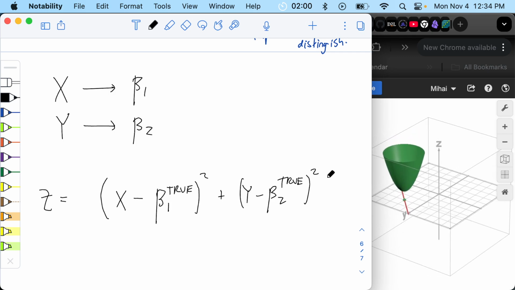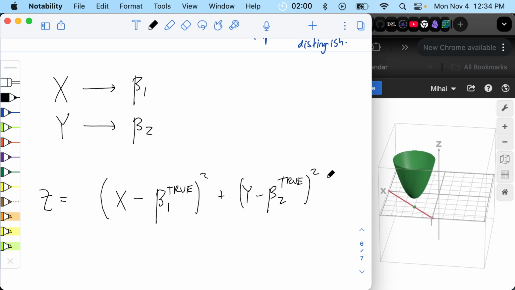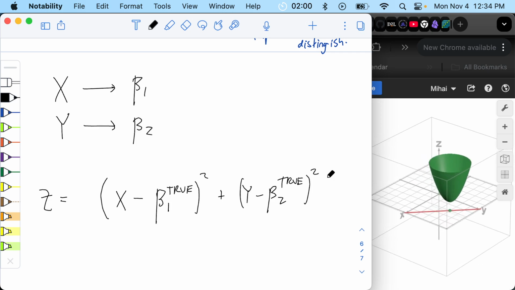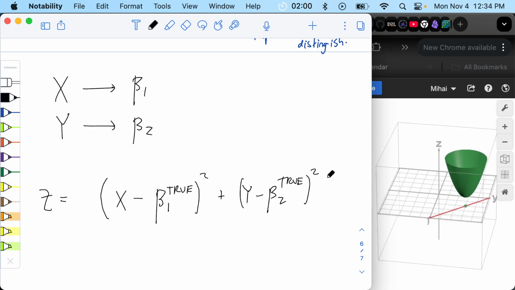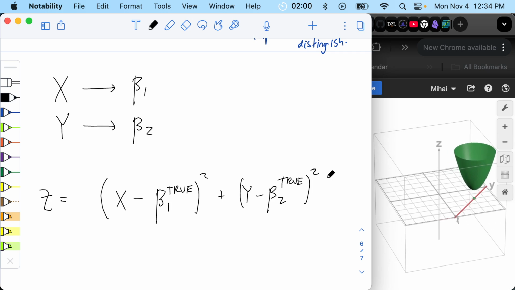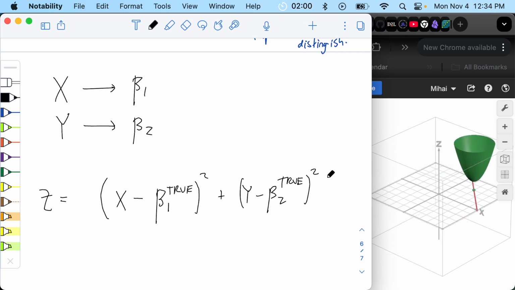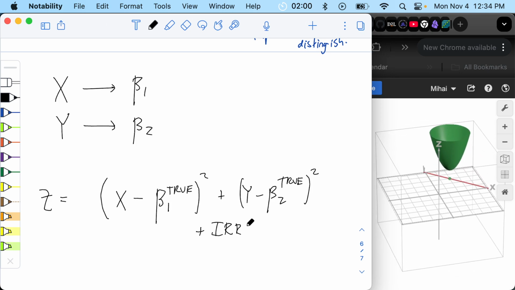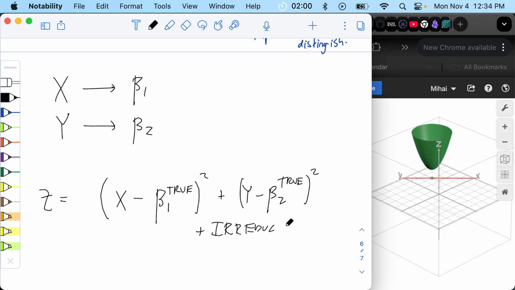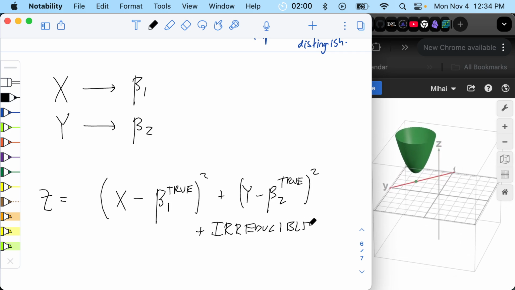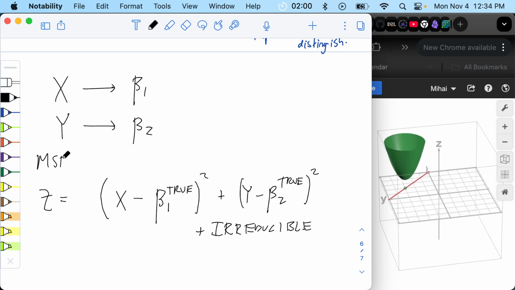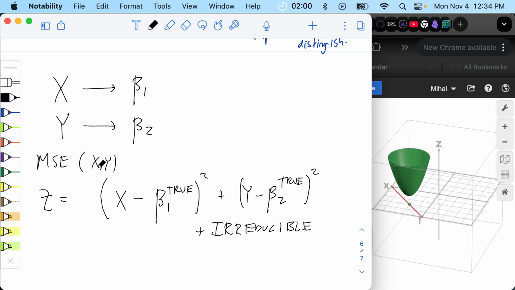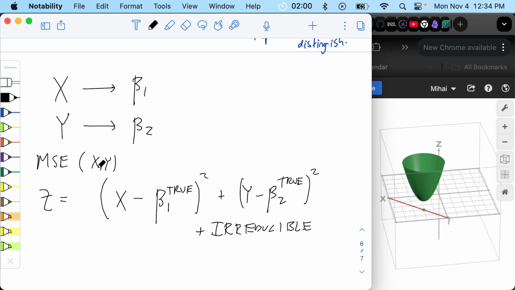This is the true error if you estimate the x and y value as somewhere on that plane. The amount of error you will get is x minus beta 1 true squared plus y minus beta 2 true squared plus the irreducible error. So this is a 3D picture of the mean squared error as a function of your estimates, x, y.